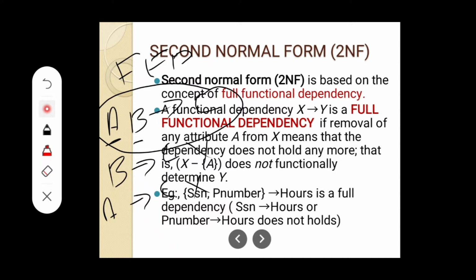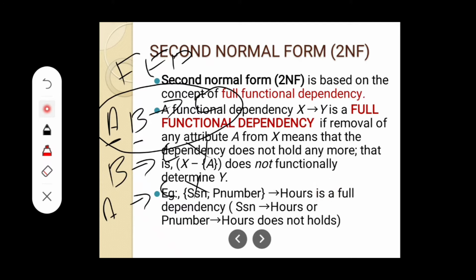Clear? Another example, look here. SSN, P number determines hours is a full functional dependency. When can we say it is a full functional dependency? If SSN determines hours or P number determines hours does not hold. If we remove P number, what is the remaining? SSN determines hours.